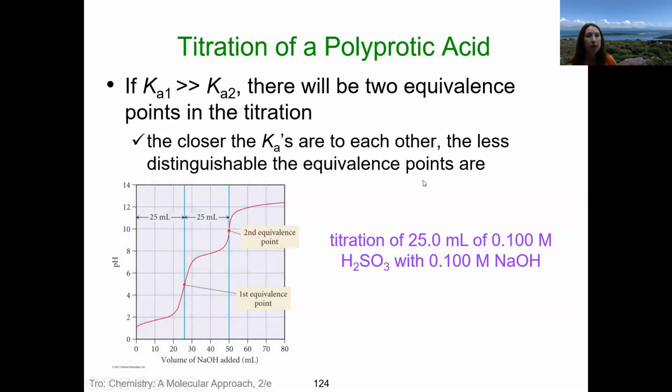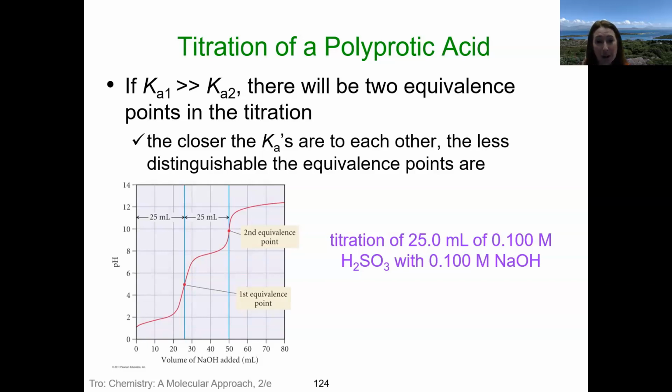If you have a polyprotic acid where your Ka1 is much bigger than your Ka2, which is pretty much every single di- and triprotic acid, you don't really have to worry about it because the Kas are pretty far apart, and so they're pretty simple to do.